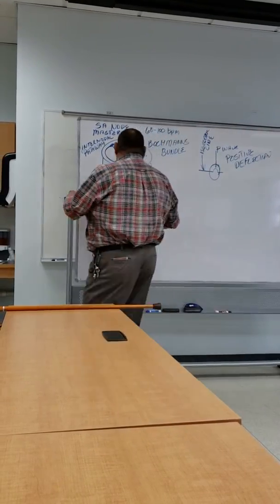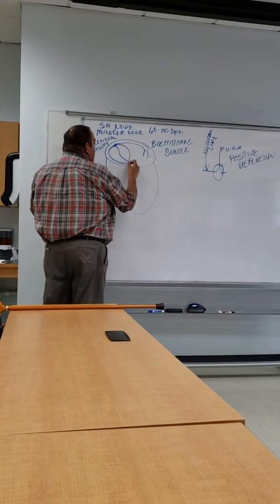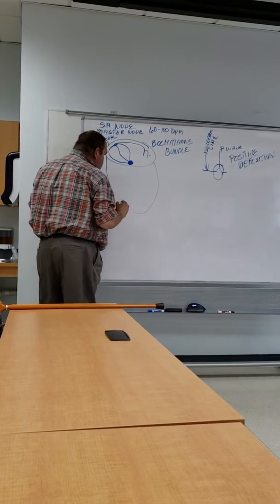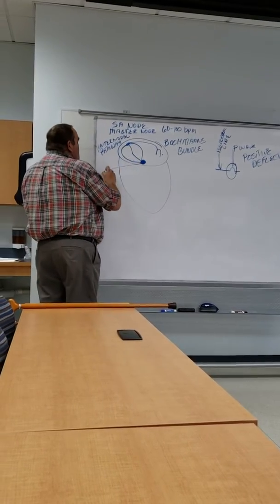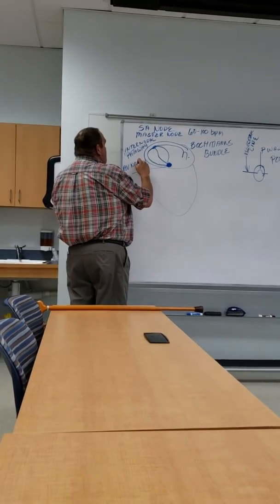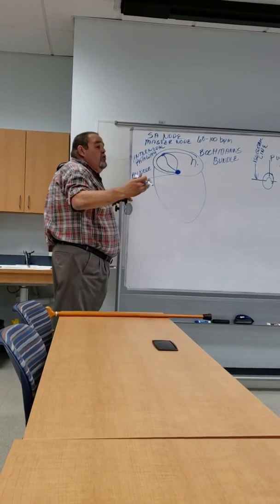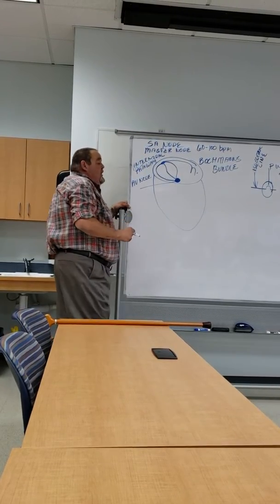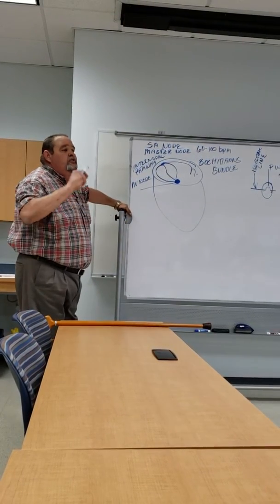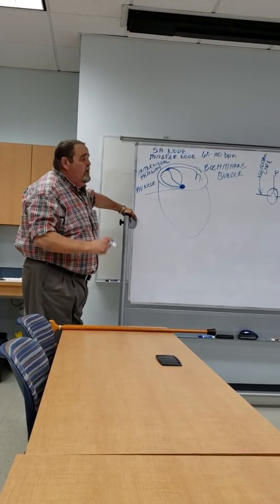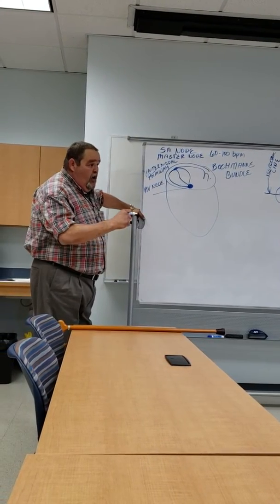Okay? Now these impulses come down to right here. And this is called the AV node, or atrioventricular node. It is the first fail-safe in the heart.